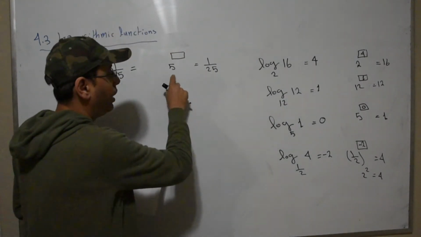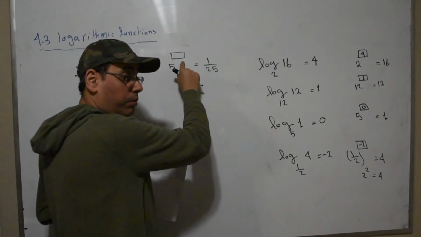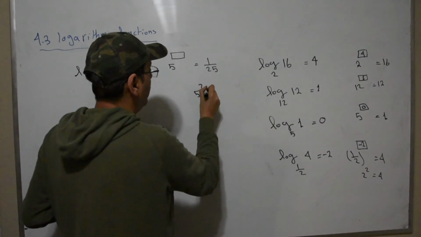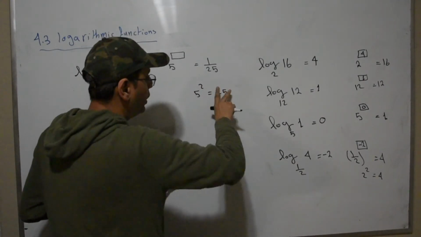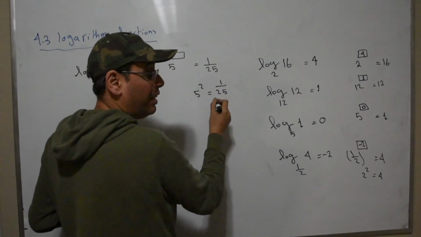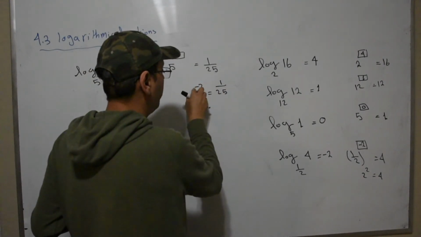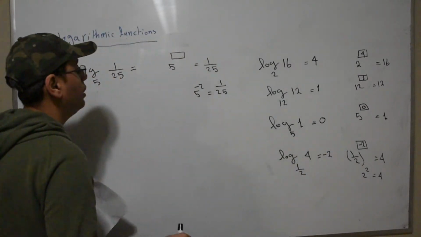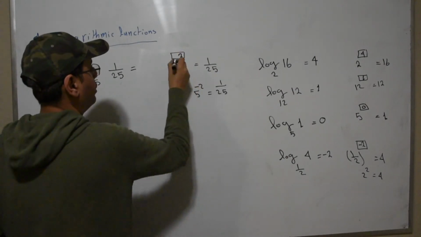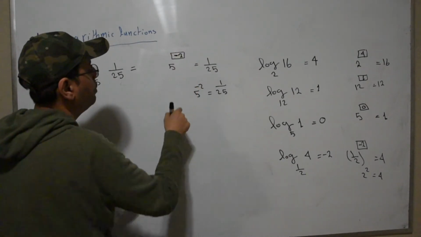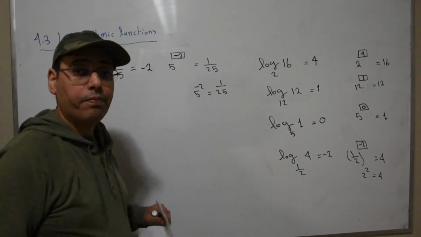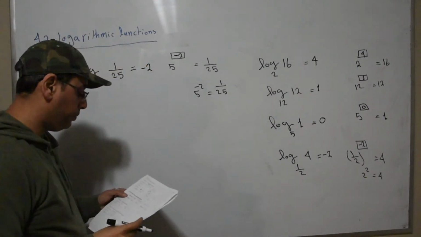I know that 5 squared is 25. But I want to get the reciprocal of 25, so I have to put the negative, as we used in the previous example. So I have negative 2. So again, the same answer, negative 2. I hope that this is clear so far.